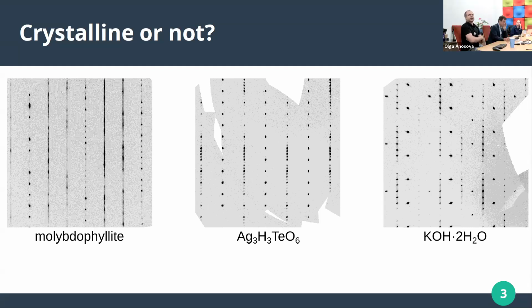That was my first crystal structure. Then I made more tellurides in my PhD, and many of them had these kind of diffraction patterns. They popped up more and more. My conclusion was a bit that, well, it's tellurides that do this. Then in my postdoc, I expanded my field to phosphates and saw the same things.